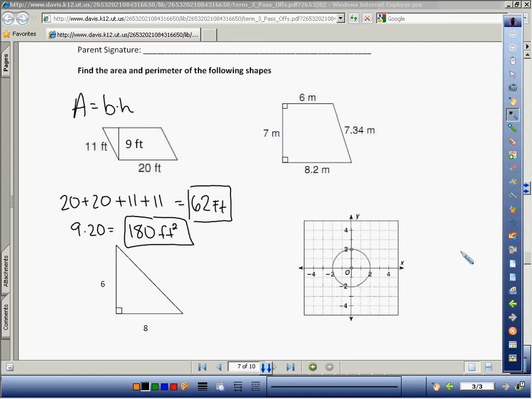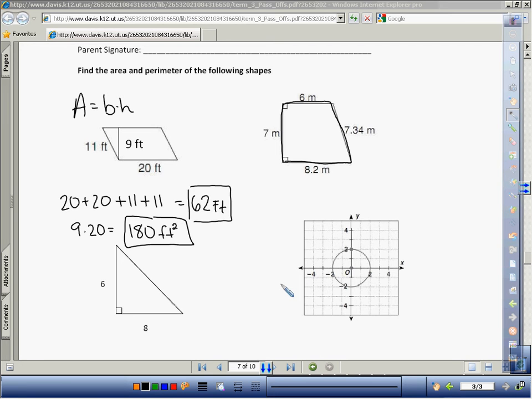Okay, the next one we've got here is a trapezoid. Now there's lots of different trapezoids, but this is one that you may not think of all the time as a trapezoid. We usually think of a shape looking like this as a trapezoid, but this one's one as well. What we're doing, first off, for our perimeter, is we're just going to add all 4 of our sides.